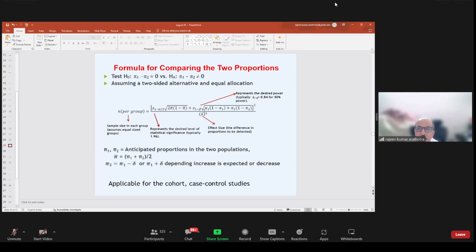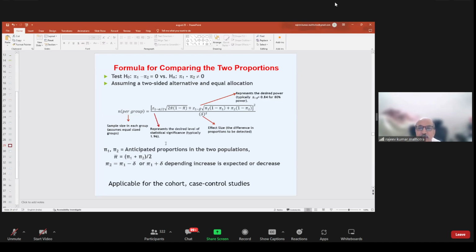Plus Z1 minus beta times the square root of proportion in the first population times 1 minus proportion in the first population, plus proportion in the second population times 1 minus proportion in the second population, the whole squared, divided by the square of the clinically important difference in the proportions. So this is the formula for calculating the sample size when you compare two proportions.